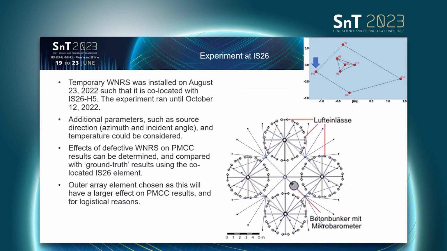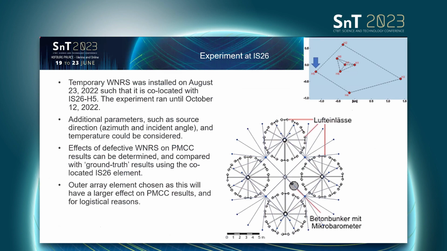So the experiment that I set up to see what the effects of this defective system was involved putting a temporary wind noise reduction system, a temporary sensor, at IS-26, co-located with element H5, which is on the outside of the array.